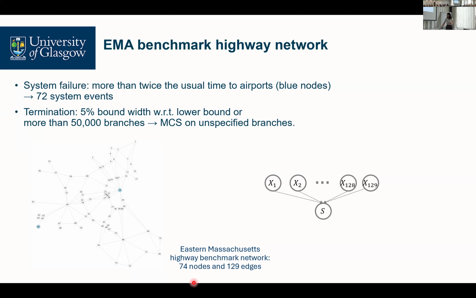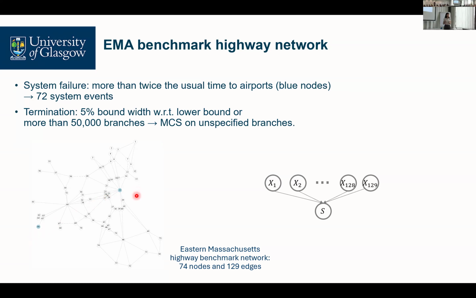And we came up with a new definition of system failure reflecting emergency activities, where we want to decide, from an origin, if it takes more than twice the usual time to reach any of these closure airports, which are represented by these 2 nodes. So then this means that there are 74 nodes minus 2 airports.